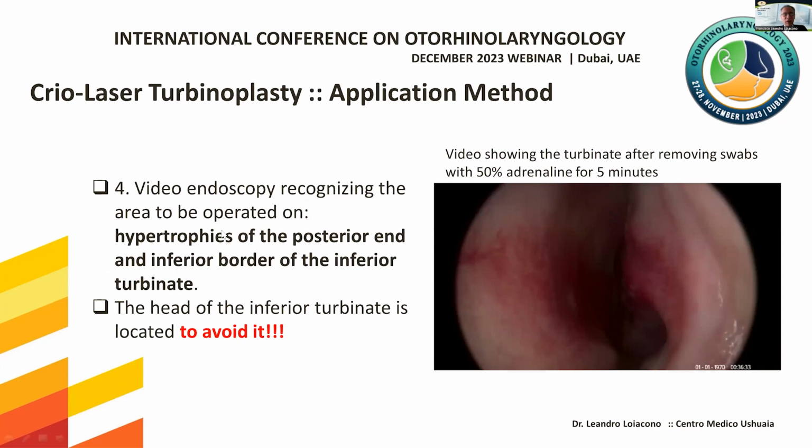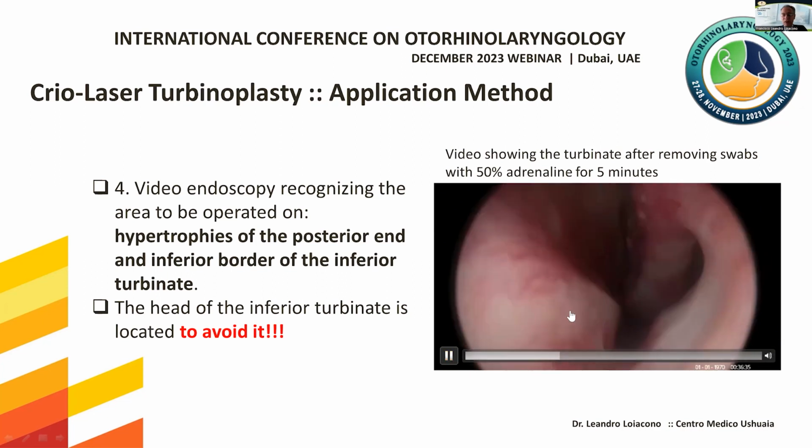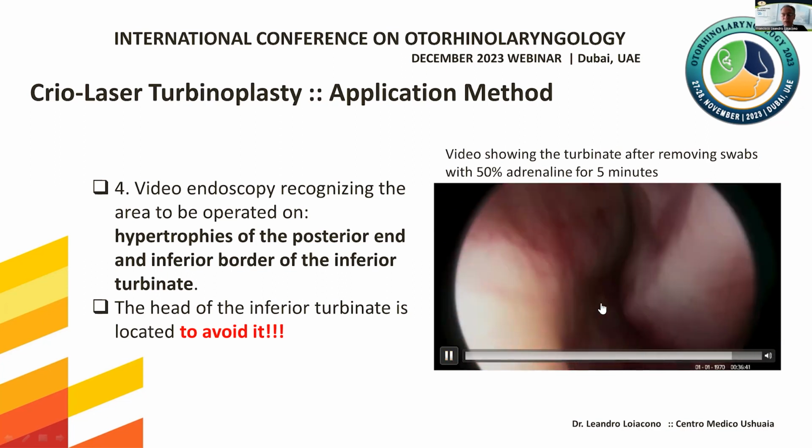The hypertrophies of the posterior end and inferior border of the inferior turbinate are to be operated on. The heel of the inferior turbinate is located to avoid it. Shrunken turbinate after removing swabs with 50% adrenaline.